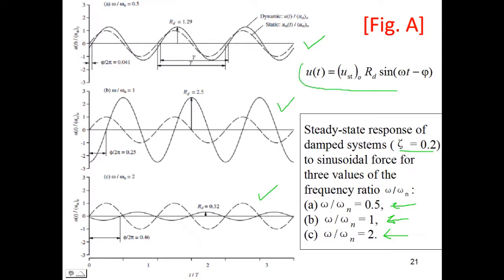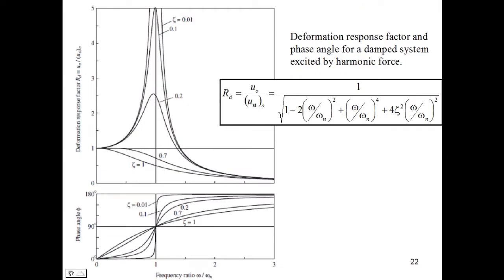These figures are based on the following equation. The following figure shows the deformation response factor and phase angle for a damped system excited by harmonic force. The figure is based on this equation.